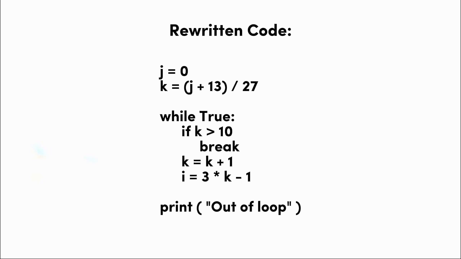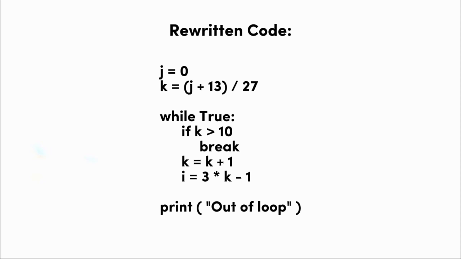While true, if k greater than 10, break. k equals k plus 1. i equals 3 multiplied by k minus 1. Print out of loop.